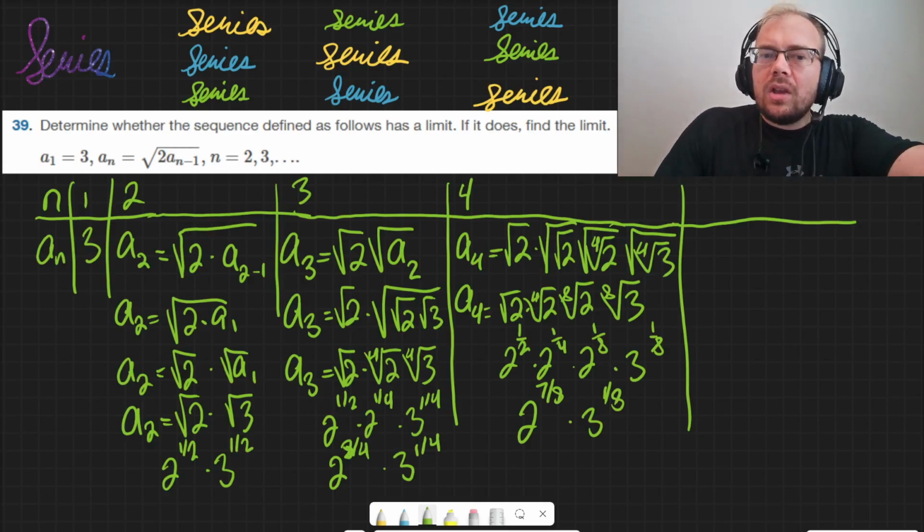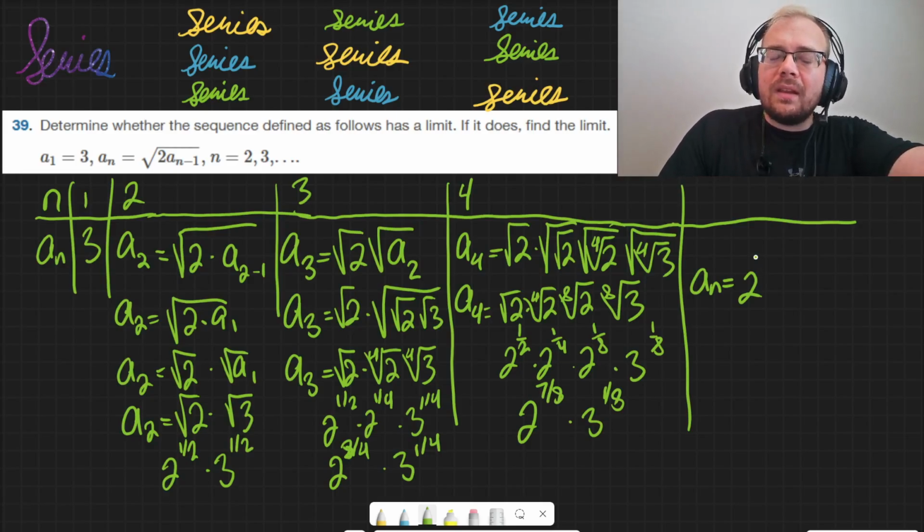Okay. So essentially what's happening is for a sub n, it's going to be 2 to the power of, and then for the second term, it's a power of 2. For the third term, it's a power of 4.